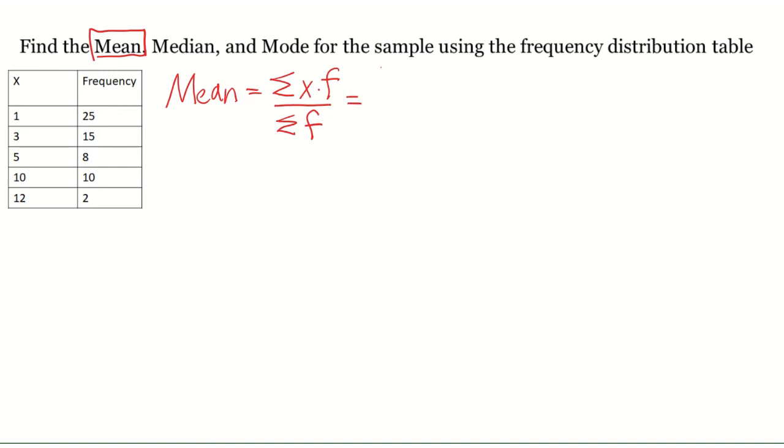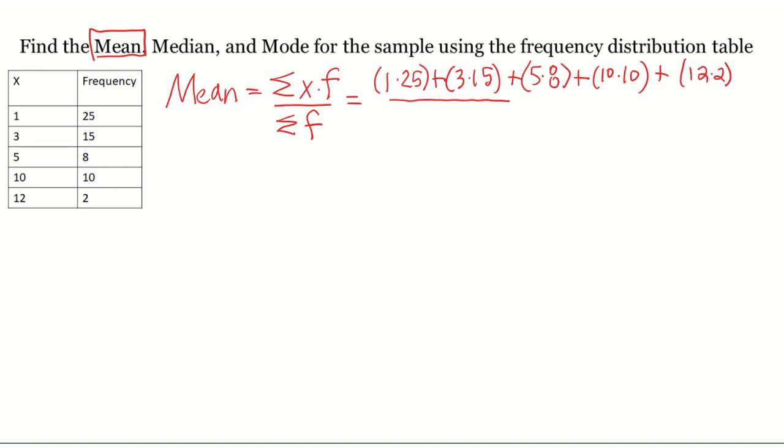So on the top, we're going to have 1 times 25 plus 3 times 15 plus 5 times 8 plus 10 times 10 plus 12 times 2. That's going to give me the sum of all of the X values.